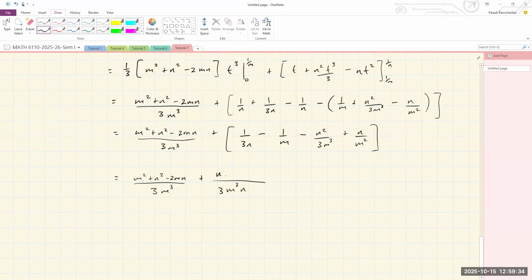So this is just m cubed and minus 3m squared n. Yeah, and 3m cubed minus n cubed. Okay, and then this guy is m squared, so that's 3mn by n, 3mn squared.